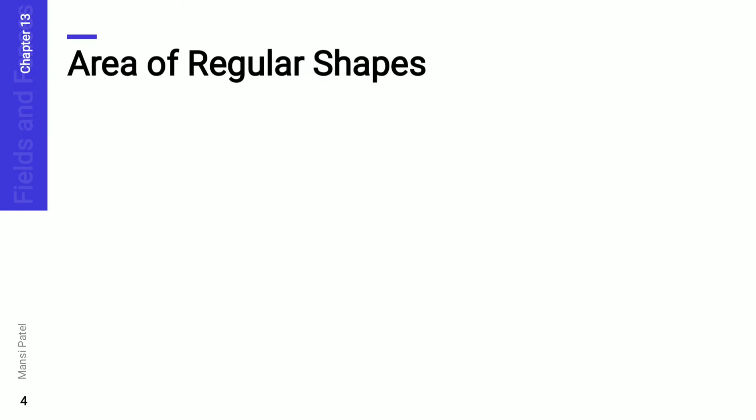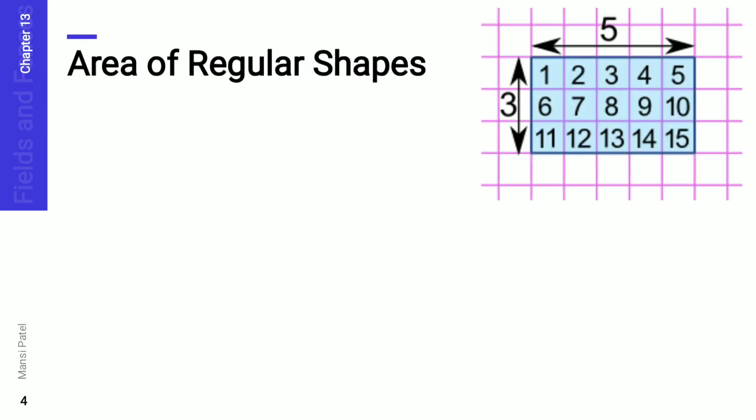Now let us see another. In this also there are 5 rows and 3 columns. So what is the area of this figure? We can say 5 threes are 15, or you can count the number of squares.